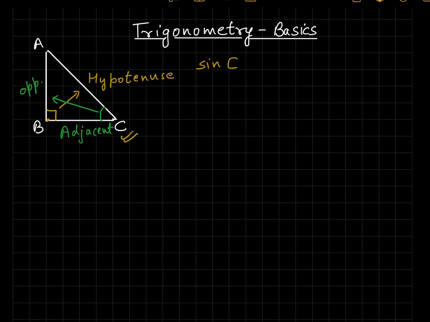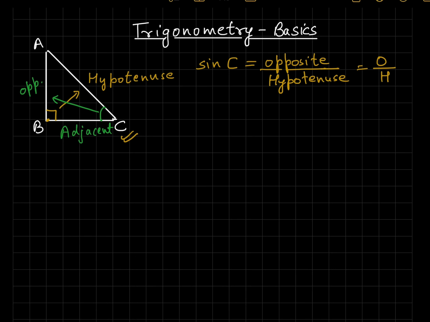Sine of angle C is given by opposite side over hypotenuse. We normally write opposite as O, and hypotenuse as capital H. So sine of C is given by opposite over hypotenuse.